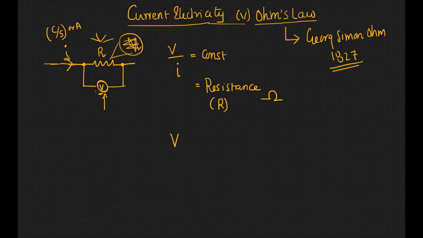So we can say that V is equal to I into R. If you develop a feeling for this equation, where I represents coulombs per second, how fast the charge moves across a resistor, then if this I is quite high, the V will also be quite high. If you develop this feeling, it will stick in your head.